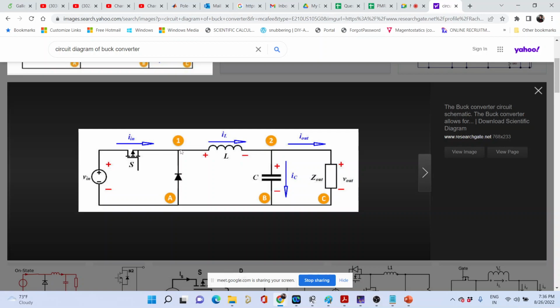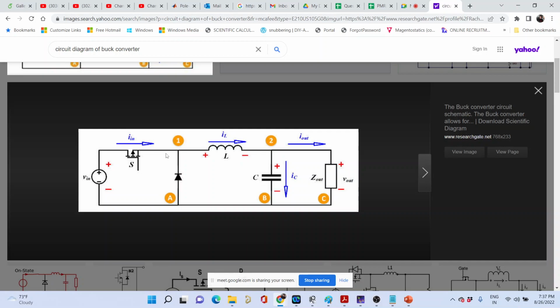You are getting my point? Say at point 1 you write it is 5 volt, and at the gate point it is at 10 volt. So what is the potential you are applying across VGS? The voltage drop between this gate and source: the gate is at 10 volt and this point 1 is at 5 volt.